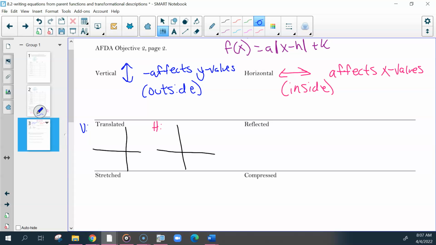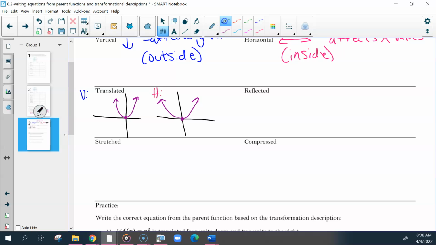So it's a rough sketch. I just need to know that this is going to start at 0, 0. And kind of go out like that. If you want to go ahead and do that for all of them, because we're going to be doing that for each of these, you can do that. I'm going to go ahead and do that before I do anything else.